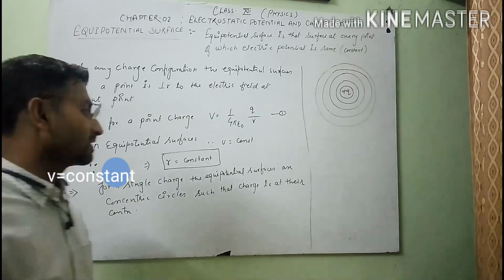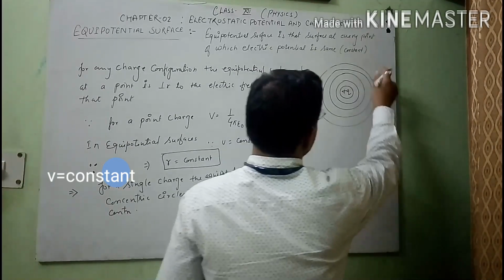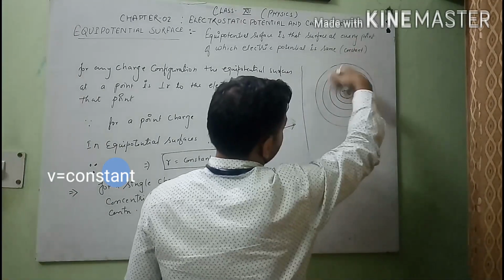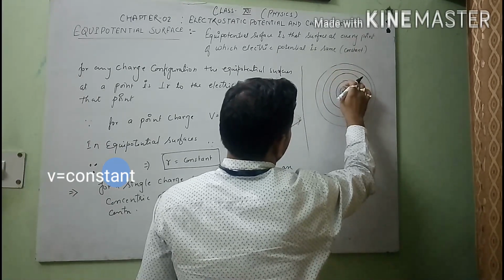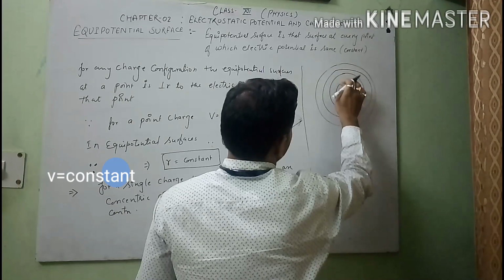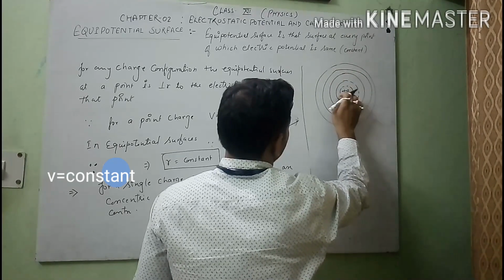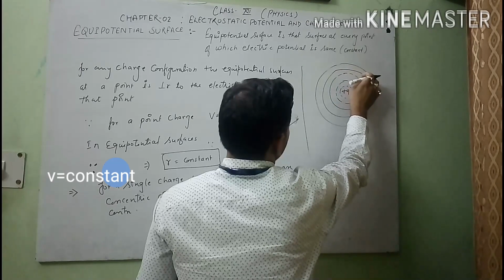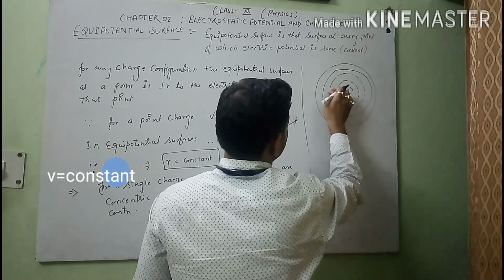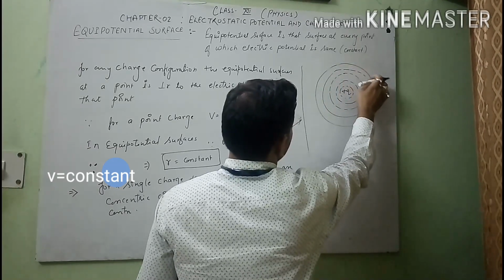of concentric circles. So see here, these are our concentric circles around a single charge. You can use a dotted symbol here.